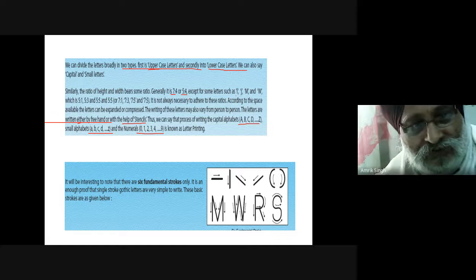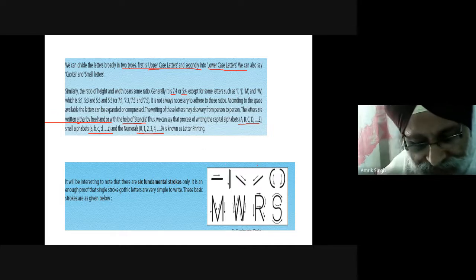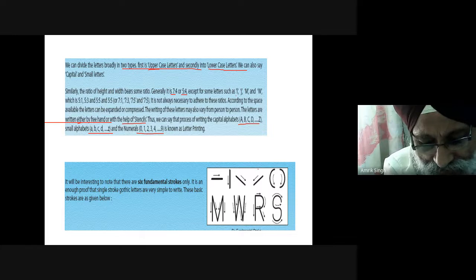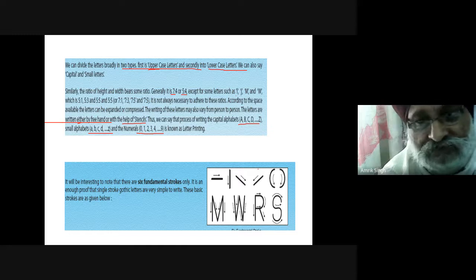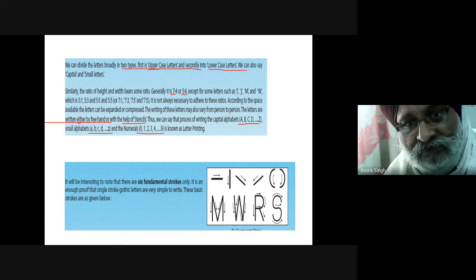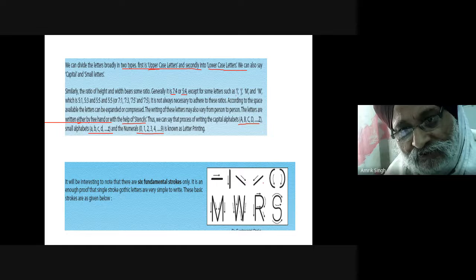Okay. So there are six strokes. Just a minute. So these six strokes are there. So either we will move the pencil like this or like this, downward stroke, inclined downward, or we will use the pencil like this, or like this. When we have to write M, we will first have this, then second stroke, then third stroke, then fourth stroke.